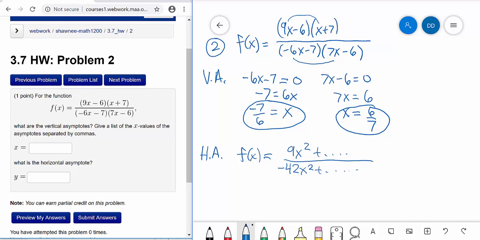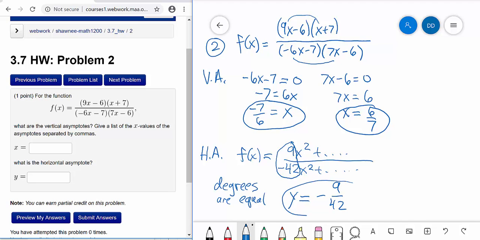And so only the leading terms of the numerator and denominator are necessary in order to find the horizontal asymptote. If the degrees are the same, then you take the ratio of the leading coefficients. So that becomes the height of the horizontal asymptote. So in this case, the line is going to be y equals negative 9 over 42. So there's your horizontal asymptote.